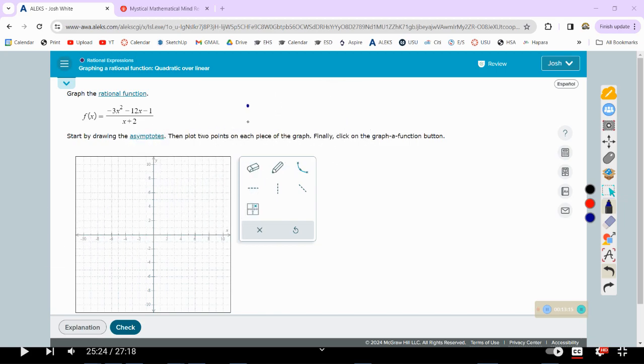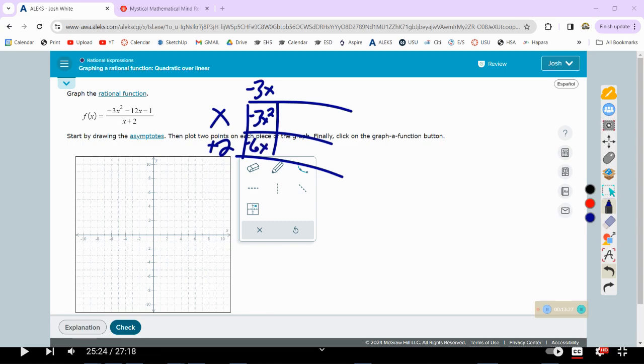So we're going to do box division. X plus 2. Stick in -3x squared. And this is -3x. This times this is -6x. And then those need to add to be -12. So that's -6x. Pull out an x, I get -6, and I can stop.